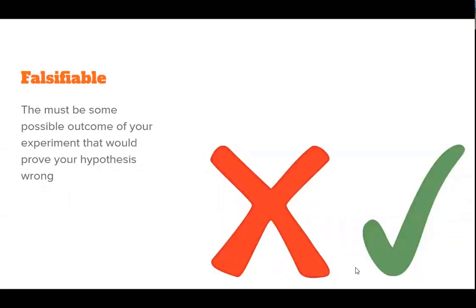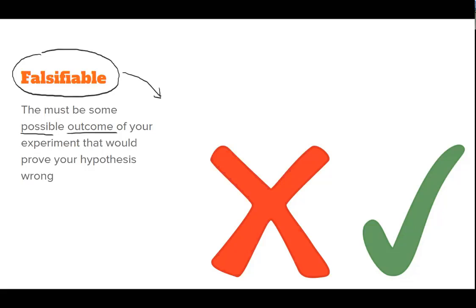And then finally, we said that it has to be falsifiable. And again, this is that one that everybody mixes up. Like, what? My hypothesis is supposed to be false? No, it's not that it's supposed to be false, right? It's that there is some possible outcome of your experiments. There is something that could happen in the experiment that would make you say, oh, no, I must have been wrong.